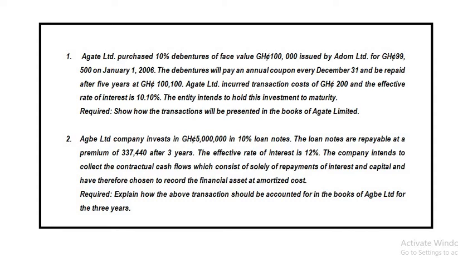If the business model test was available, we would have checked whether it is held to maturity, for sale, or for trading. Then we would know whether we go to fair value through other comprehensive income or we amortize. So this question seems so straightforward. The first thing is that there is no transaction cost, so at inception, the face value of the financial asset is what we are going to recognize.